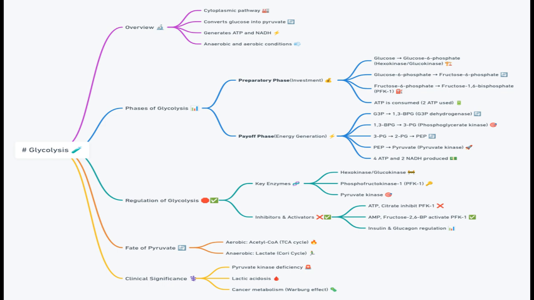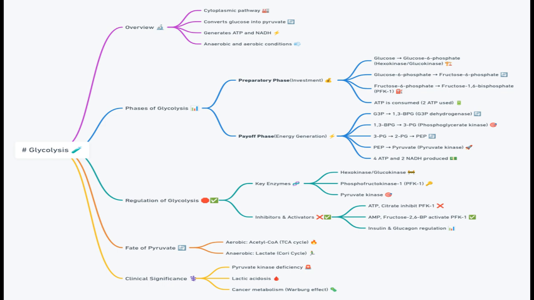And with phosphofructokinase 2, that's PFK2, it's a bifunctional enzyme with both kinase and phosphatase activities. It regulates glycolysis by producing fructose 2,6 bisphosphate from fructose 6 phosphate, and with this regulation it's active in fed states.